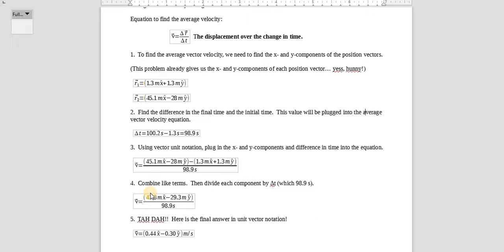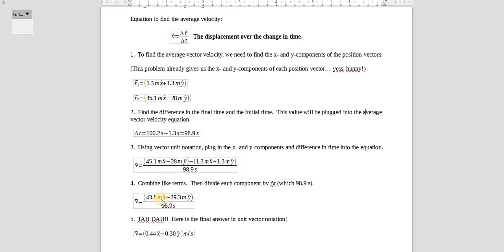After that, we want to combine like terms, or combine the x components with the x components, and the y components with the y components. And when we do that, we'll get this right here, 43.8 meters x hat minus 29.3 meters y hat. And then after that, we want to divide each component.